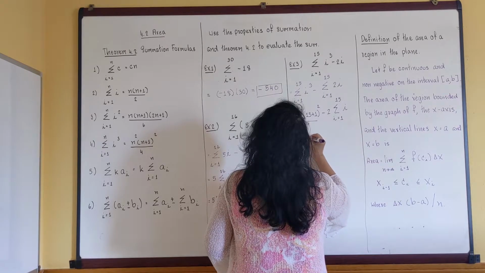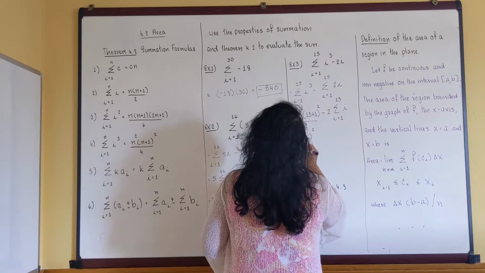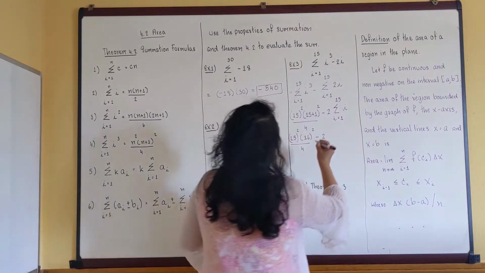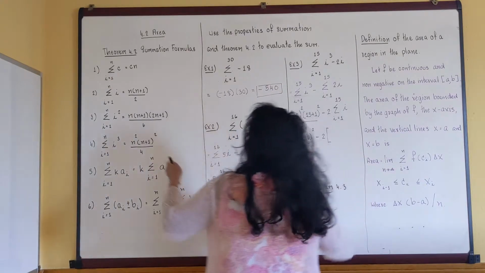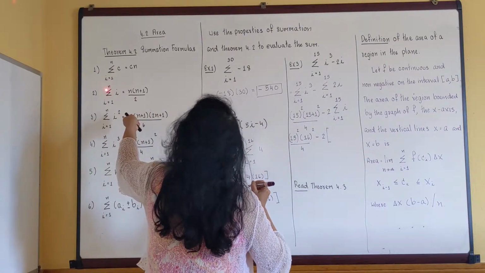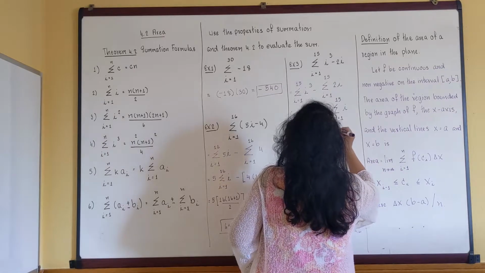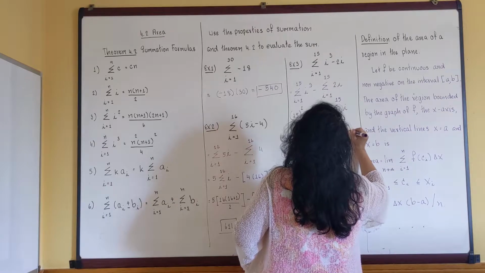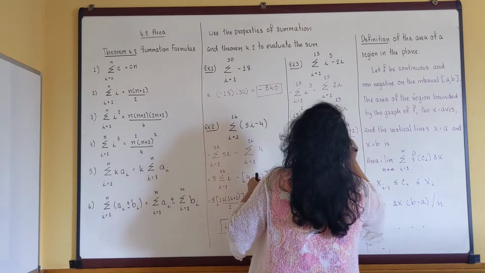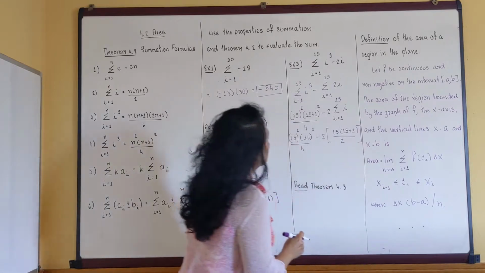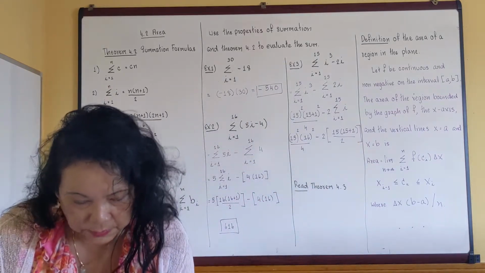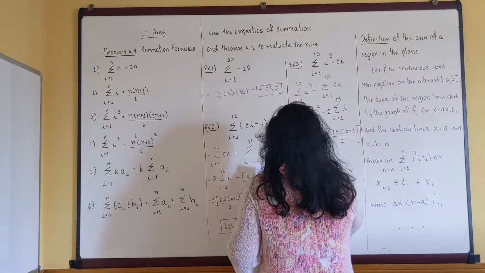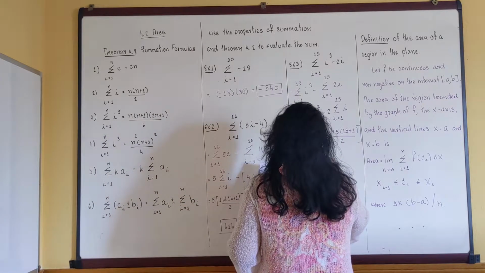So this is 15 squared times 16 squared over 4, minus 2 times this whole thing, which is n, 15, times 15 plus 1 over 2. Then you simplify this, and you should get 14,160.